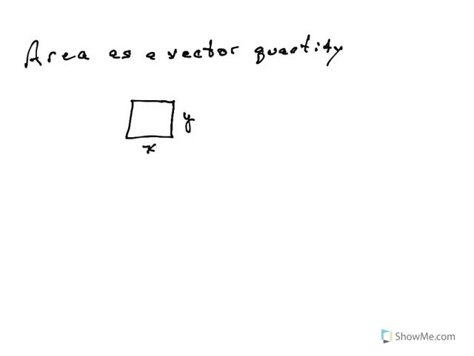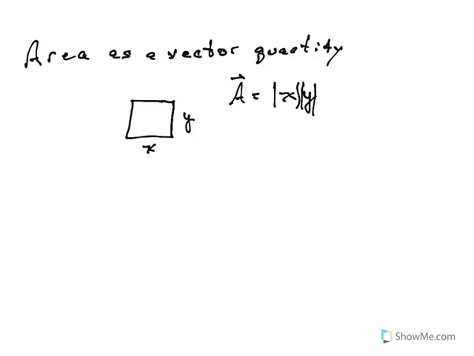The area as a vector is going to be, of course, x times y, but because we want to make this a vector, so this is magnitude, what we want is some directionality associated with the area. And we have options. What should the area's direction be? It's kind of a weird question to ask. How can an area have direction? Well, it's because we're defining it the way we want to define it because it's useful.